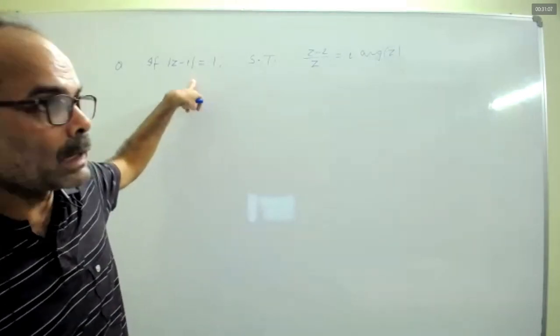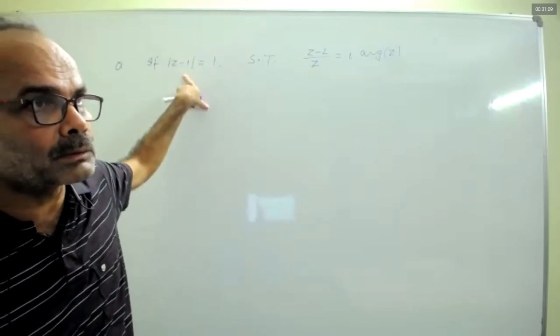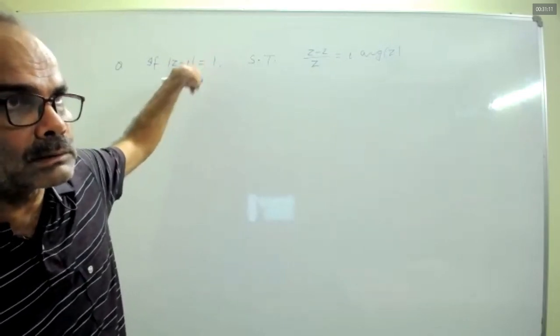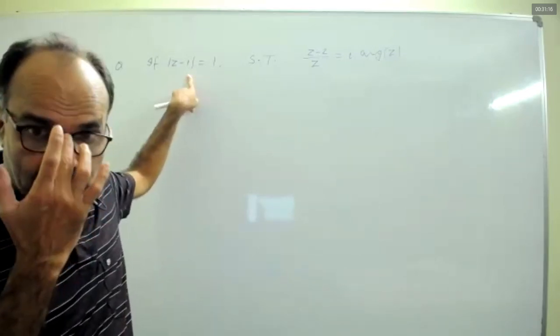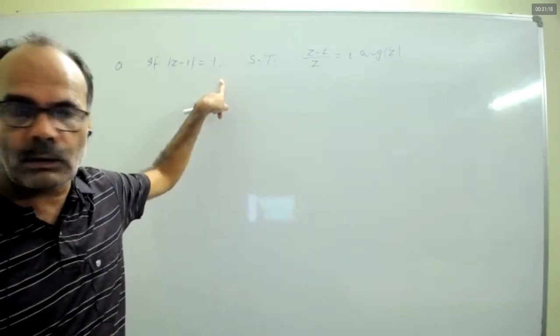It means z lies on this circle. What is the meaning of the question? z lies on this circle, because this is the equation of a circle centered at 1, 0 with radius 1.